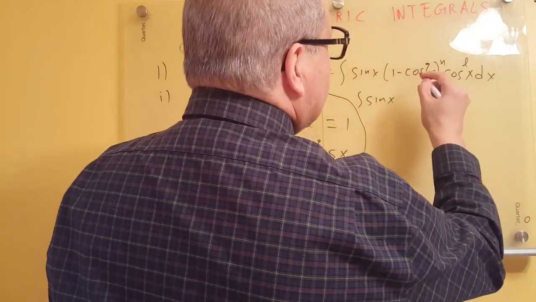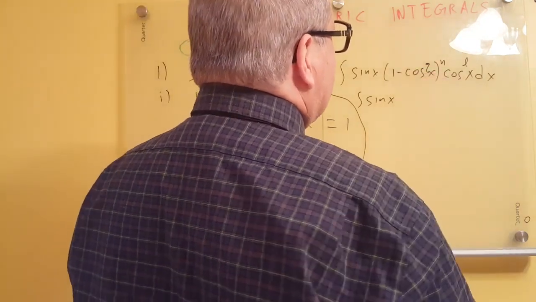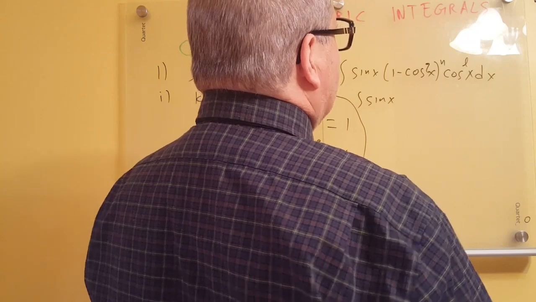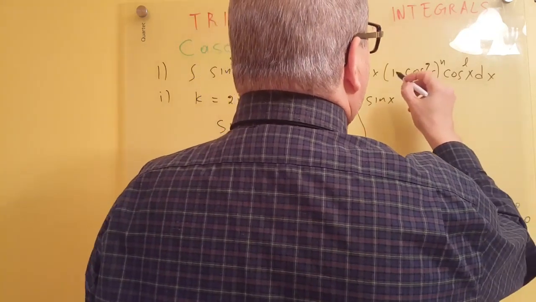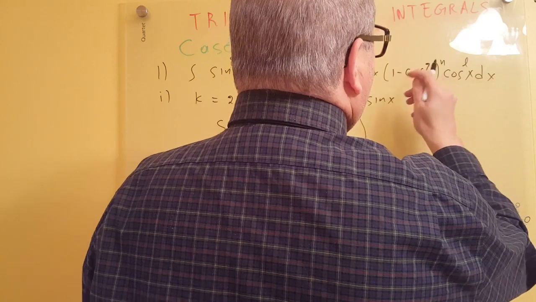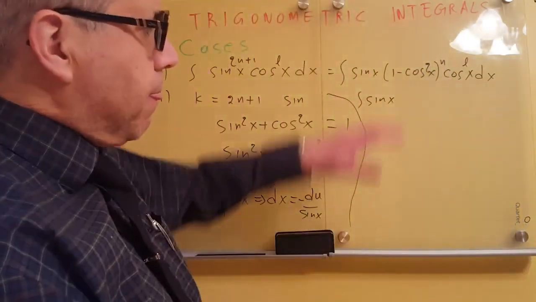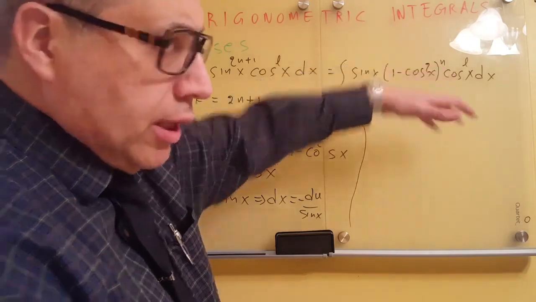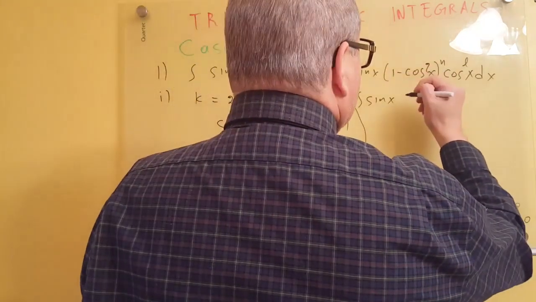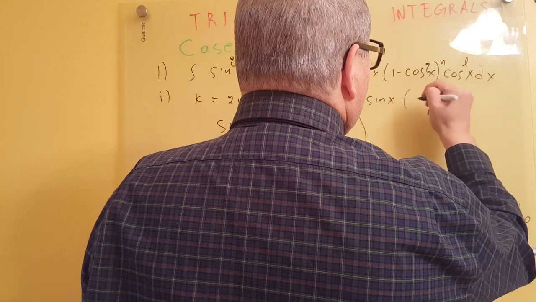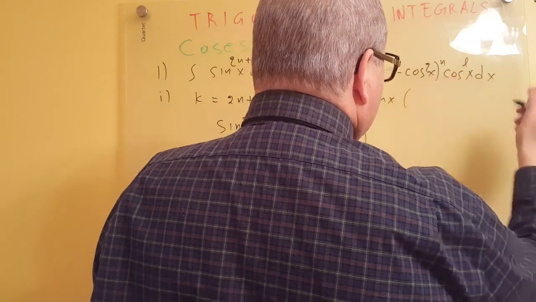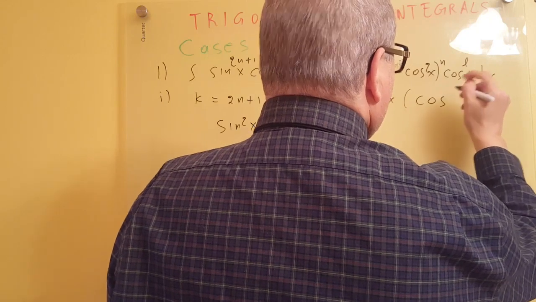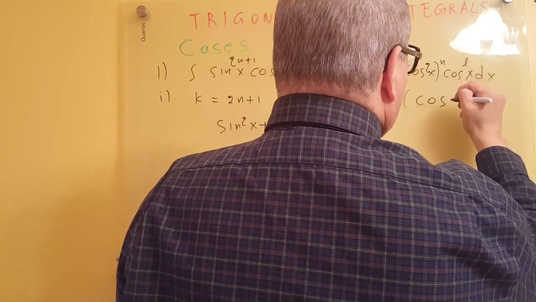If you continue here, what we have will be equal to sine x. Now this here, if you expand 1 minus cos square x to the n, will be a polynomial, a function of cos x.